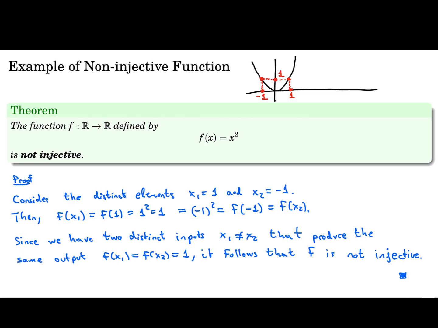So to show that a function is not injective, one way is you just need to show that there exist two distinct points, in this case 1 and minus 1, that have the same output, in this case 1.